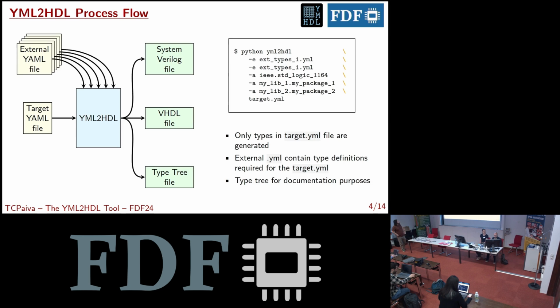Okay, so what's the flow that I have? It's very simple. We have the target YAML file, which holds the types that you have, and you have support files, which are other YAML files with types defined as well. You pass that through the tool, and it will generate a SystemVerilog type and a VHDL type, and also what I call a type tree file.